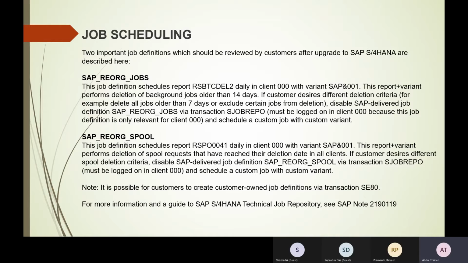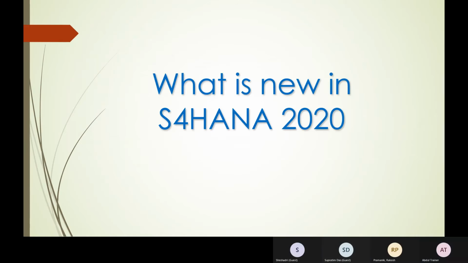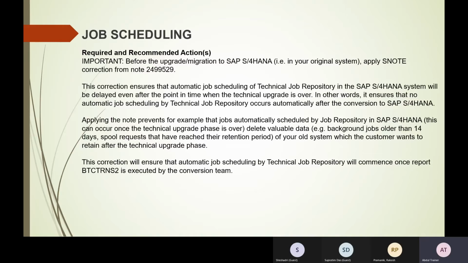So they decide and go. The same is applicable here. By default the variants will come with the default ones, and then later you can modify. Okay, sir. Any other questions?